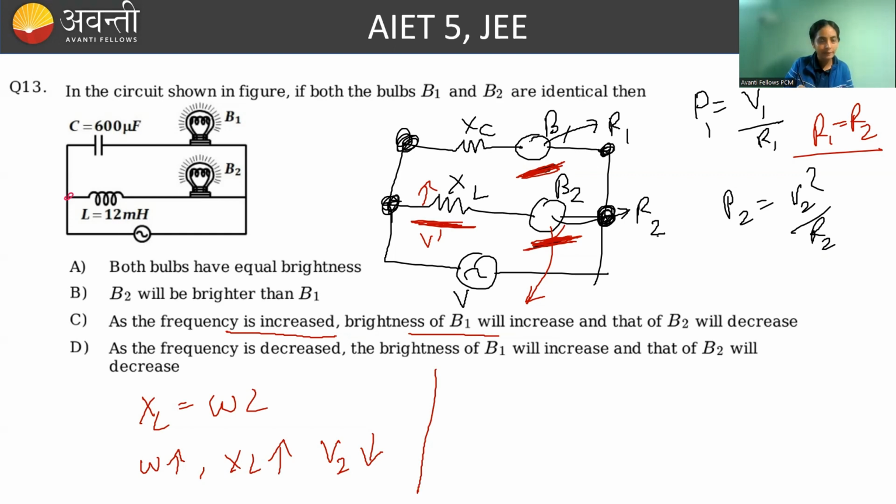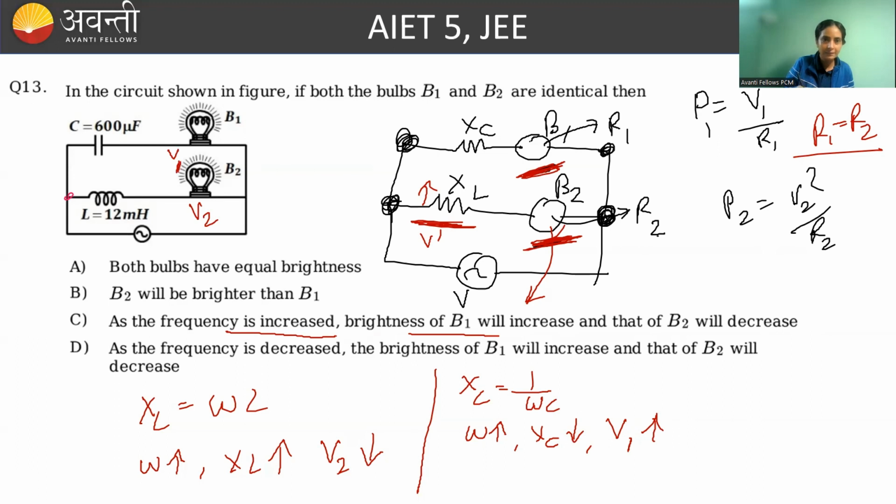Now, if omega is increasing, XC is equal to 1 by omega C. This is inversely proportional, so if omega increases, XC will decrease, and in that case V1 will increase. And if V1 is increasing, the power on B1 will increase, because it becomes V1 square by R. Here the voltage drop is V2, here V1.